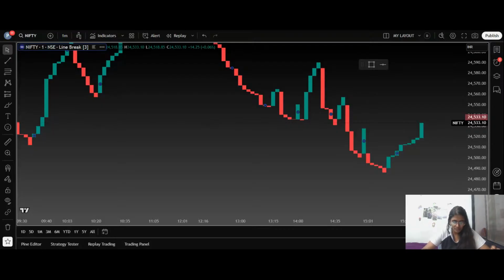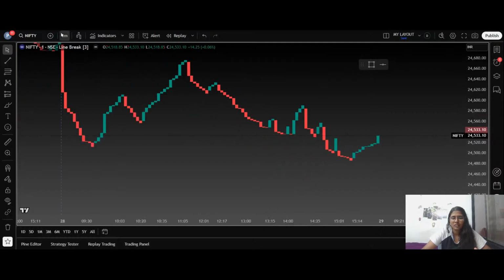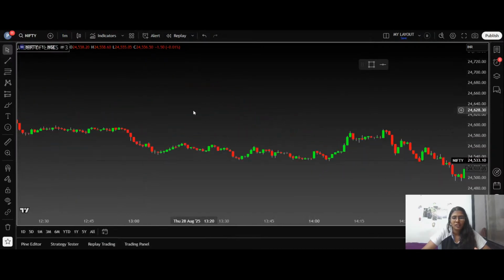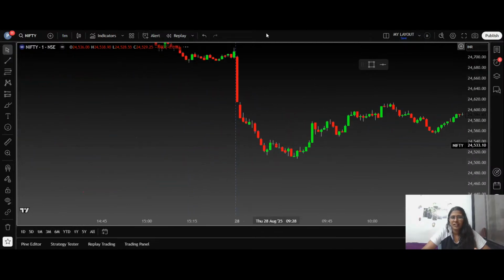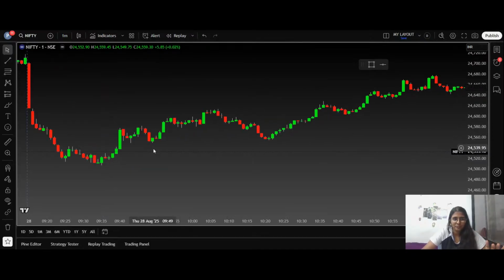The direction changes only if the close moves against the trend. I hope you guys might know what against the trend means. I think I have to make a video on what following the trend or against the trend is, but I'll tell you in short here.